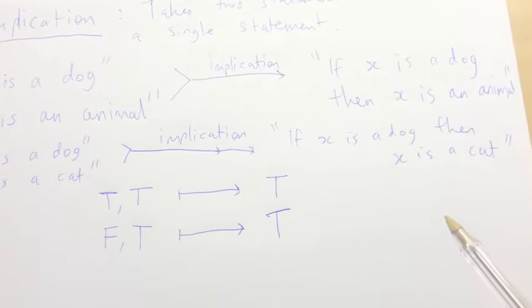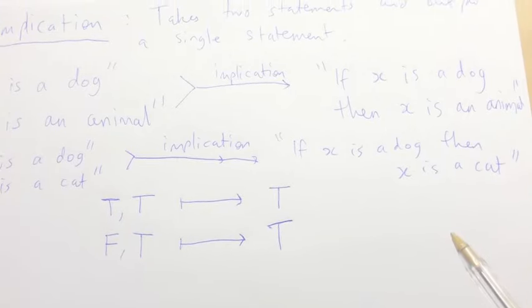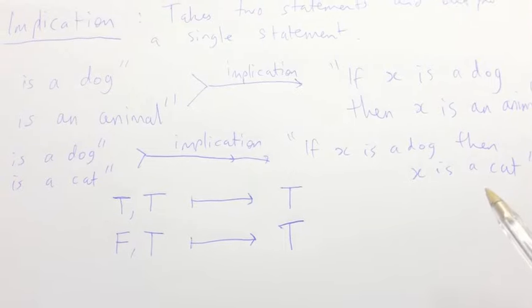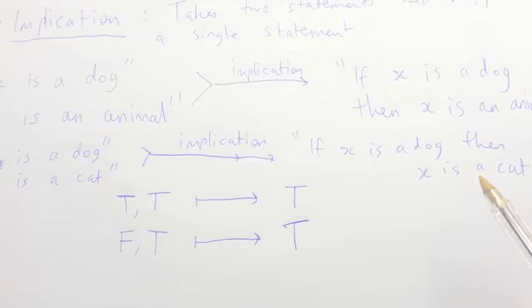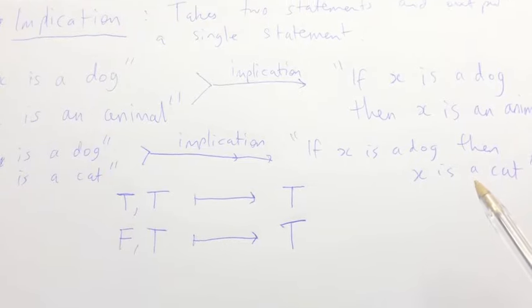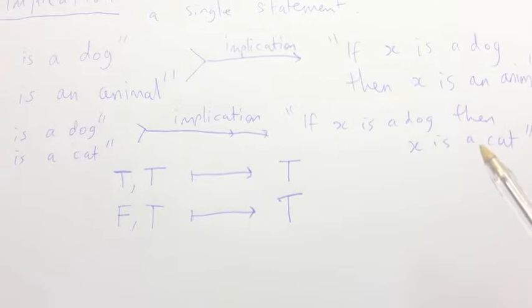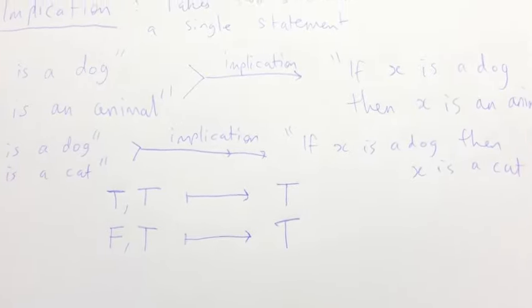But then let's have a look at when this is a false statement. So if X is a dog, then X is a cat. This is clearly a situation where we can get a false statement. So when X is a dog, assuming we've defined cat and dog and there's no overlap, it cannot be a cat.